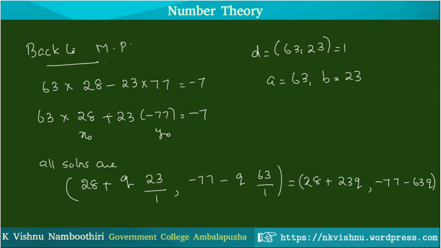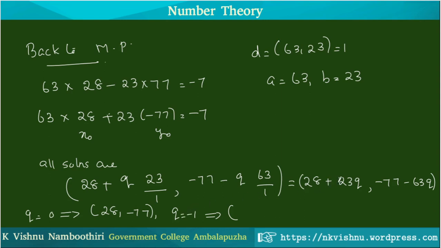So if you put q equal to 0, we will get 28 and minus 77, which is the solution here. But what about q equal to 1? Remember that we have previously got one solution to be 5, 14.